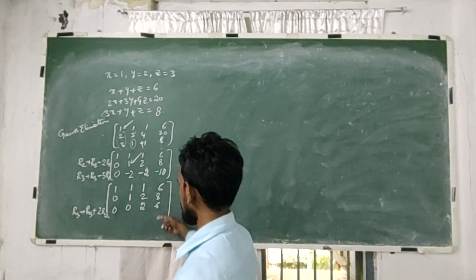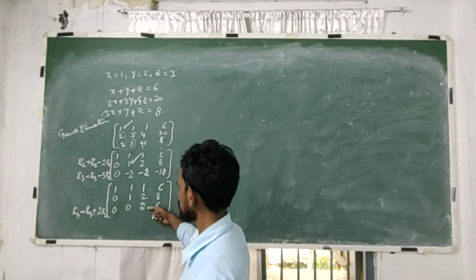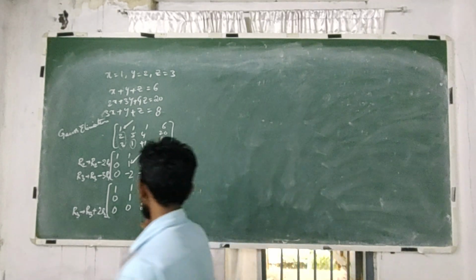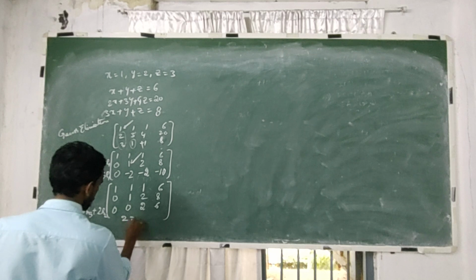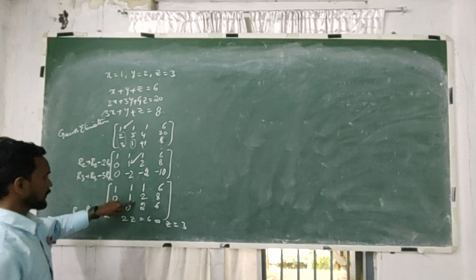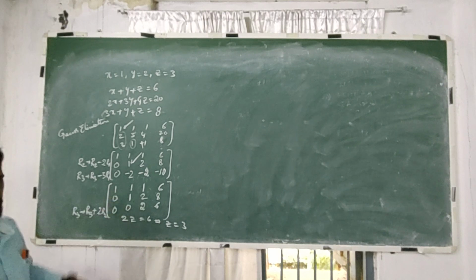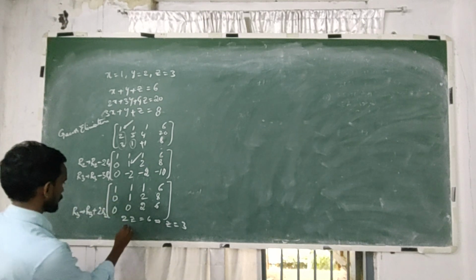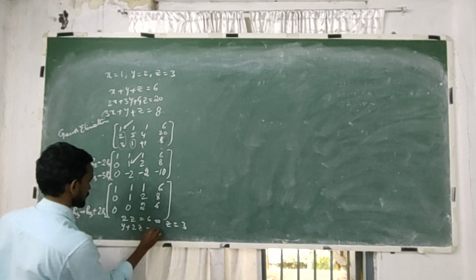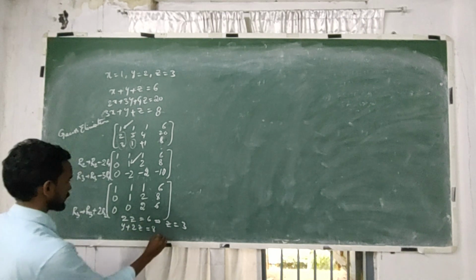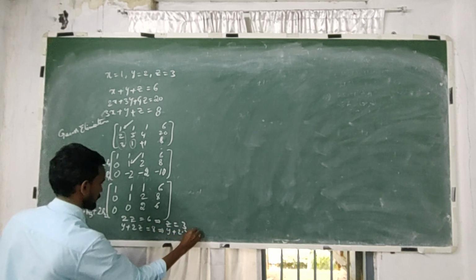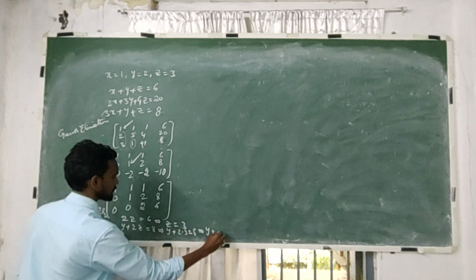Then you have to go for back calculation. From this equation, you have to get all the values. So here this equation is what? 2z is 6. That implies z is 3. Substitute this value in the previous one. y plus 2z is 8. z is already 3. So y plus 2 into 3 is 8. y is 2.